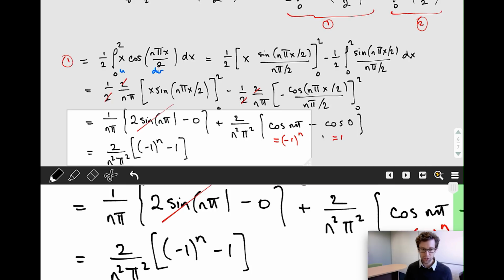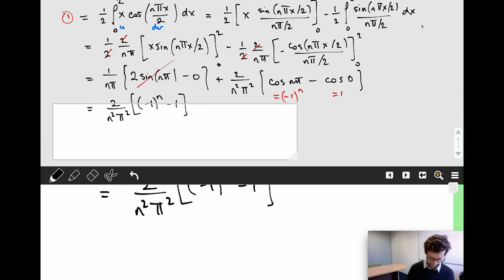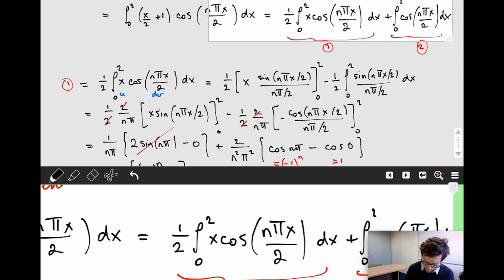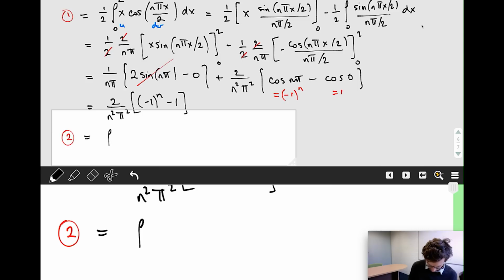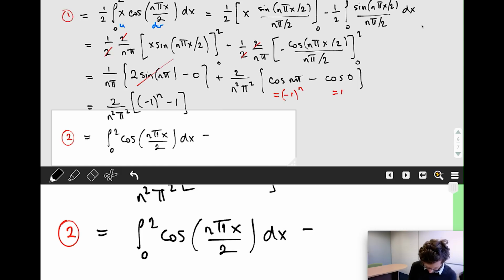So you can see there's a danger here that some of my terms will vanish. For even n here, this will be equals to 0. But let's first of all carry out the integral for 2 first, before I try and look at the odd and even values of n. So 2 was equal to, remind ourselves, integral of cosine. So I can do that right away.